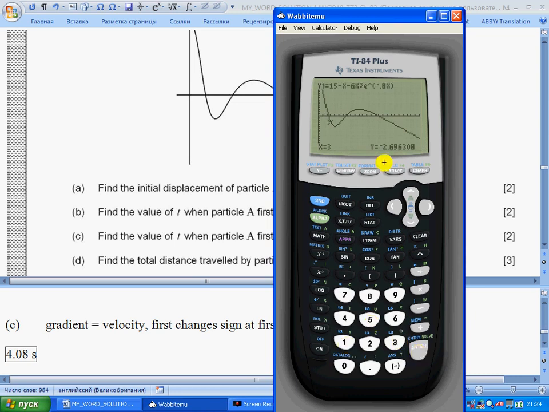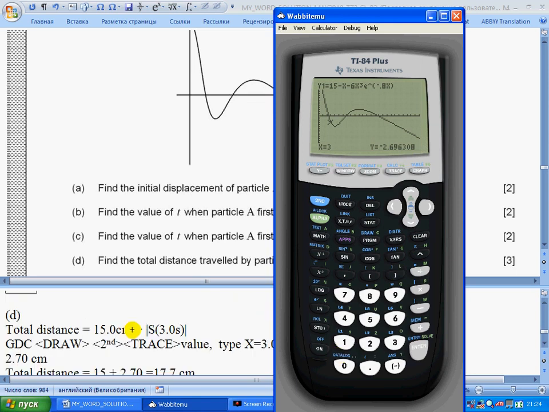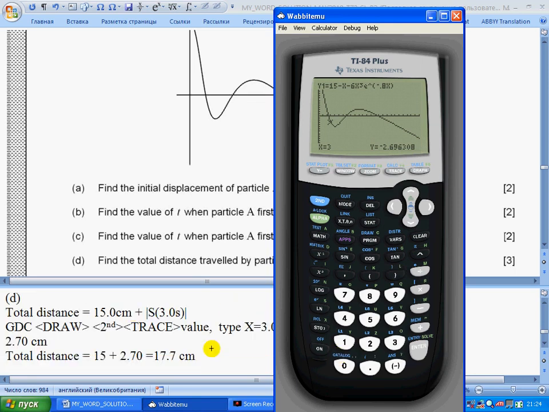So it is 2.69, okay, and to three significant figures it is 2.70, and we know that it traveled also 15 and this value, so we add 15 plus 2.70, we get 17.7.